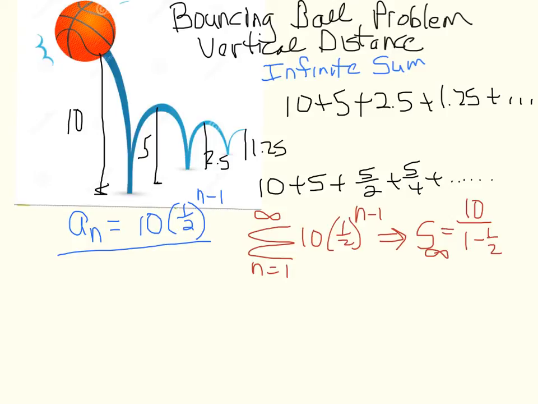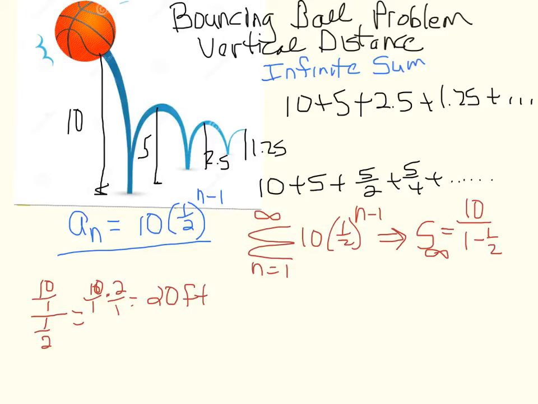So I can say 10 over 1 minus 1 half, which is 1 half, so that turns out to be 10 over 1 half, or 10 times 2, which is 20. So this ball has traveled vertical distance 20 feet.